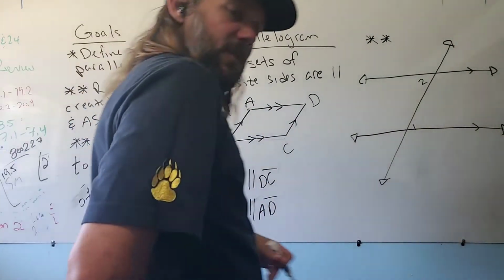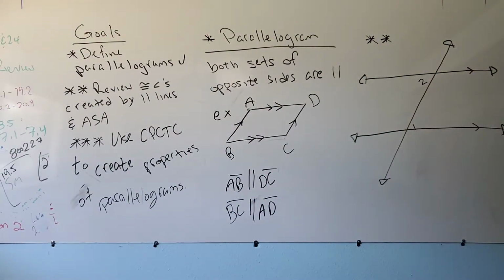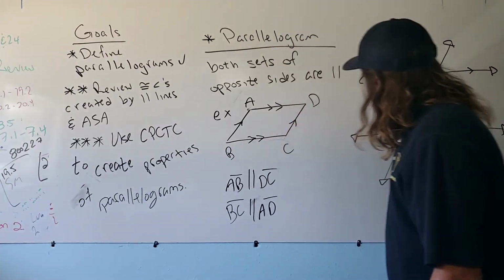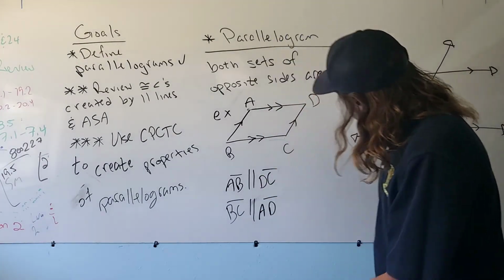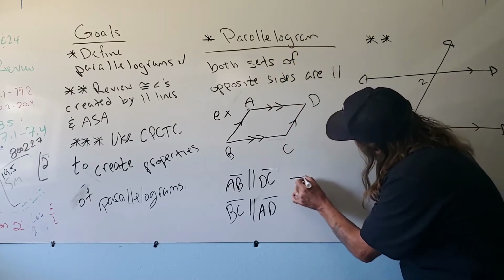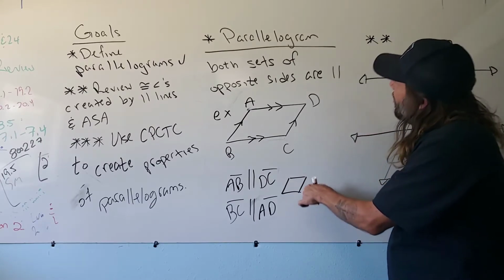Now, actually, before I continue, let me make sure everything is in the screen, and it barely is. A parallelogram, before I go any further, has a symbol. So I can write the word parallelogram, or I can just draw the following symbol, and that's me talking about a parallelogram.